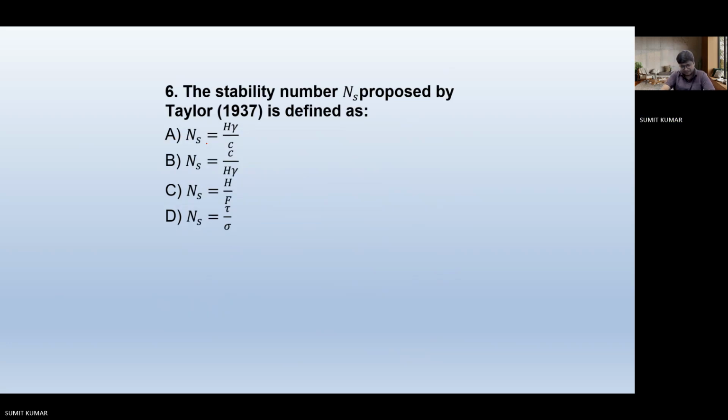Okay. The next question says that the stability number Ns proposed by Taylor in 1937 is defined as, so this is c by gamma H. If you remember, the Taylor stability number Ns is c by gamma H. So in which option is it c by gamma H?